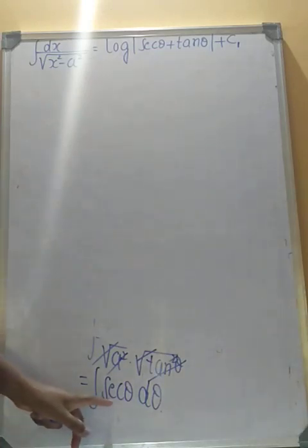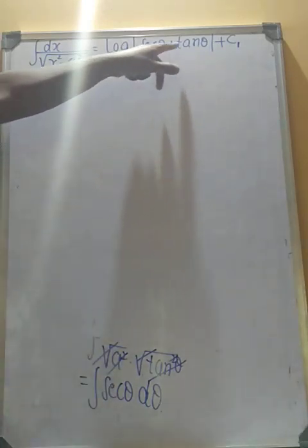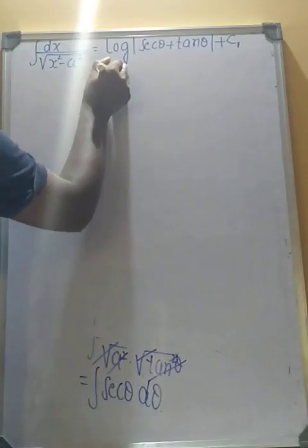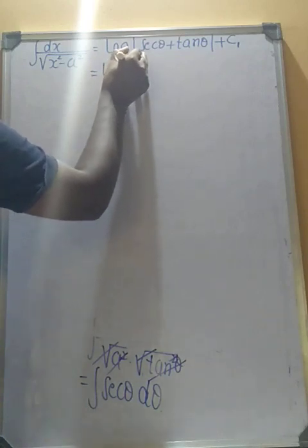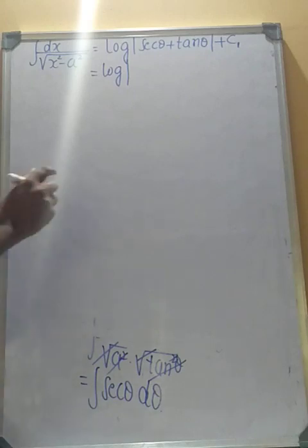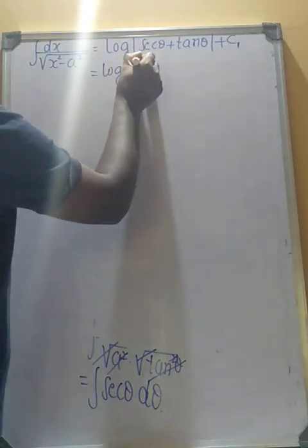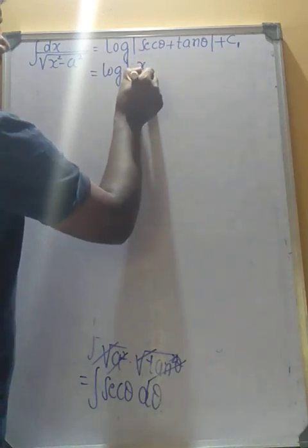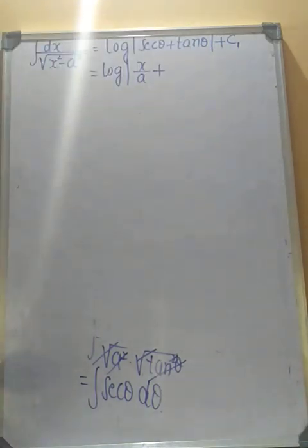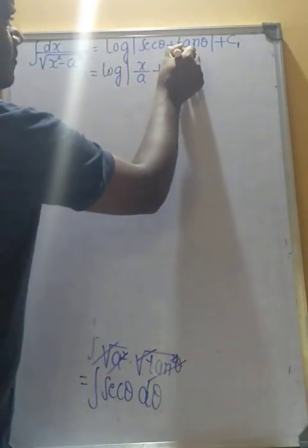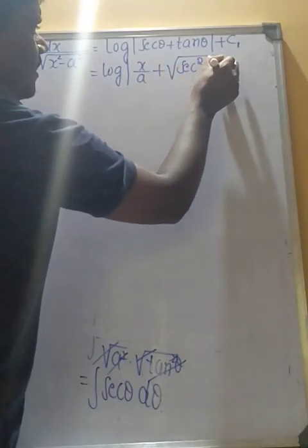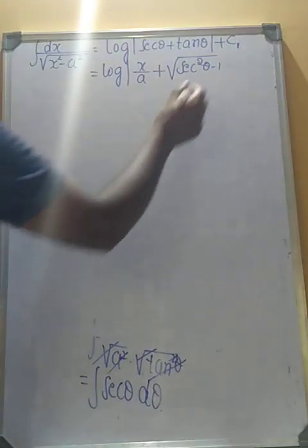You know, integral of secant theta, log of secant theta plus tan theta, that equals the log of mod. What is secant theta? You know, x equal to a secant theta, then secant theta is x by a, plus what is tan theta? Tan theta, you know, it is root of secant square theta minus 1 by using trigonometric identity, plus C1.